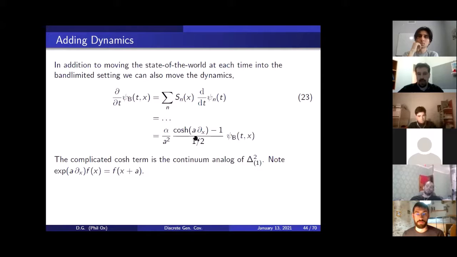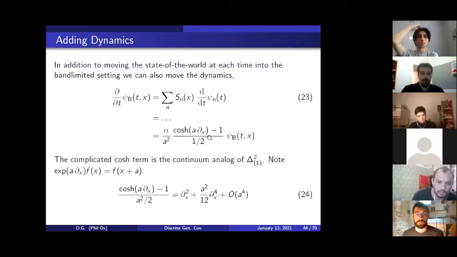All right, and the way this cosh comes up is we have a shift of one lattice site to the right, right? If you do the Taylor expansion of this, you'll find that you can rewrite it in this form here, so that the exponential of the derivative is a translation, right? And so this cosh is one translation to the right and one translation to the left, and that's why cosh shows up.